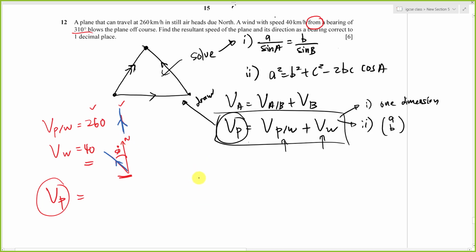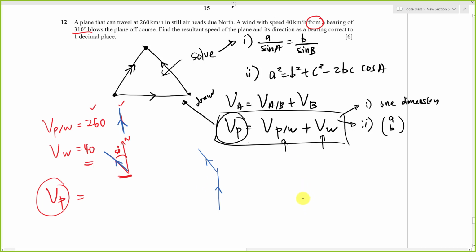There are two possible ways of forming the triangle. I cannot connect here like this, because it will not give me the resultant vector. But I can go this way, and then this gives me the resultant vector, the velocity of plane. This is method number one, connecting these two lines like this.